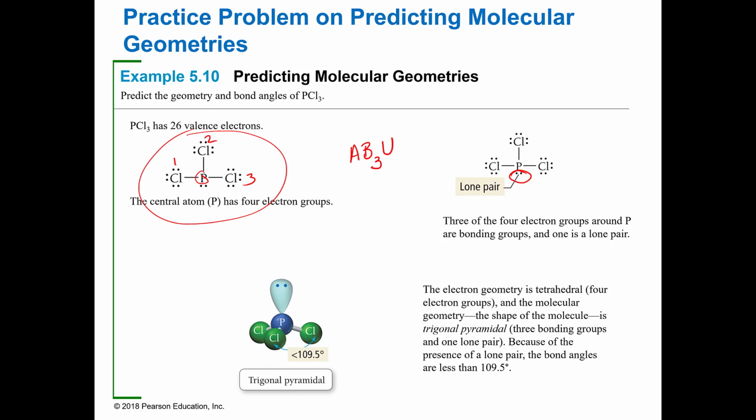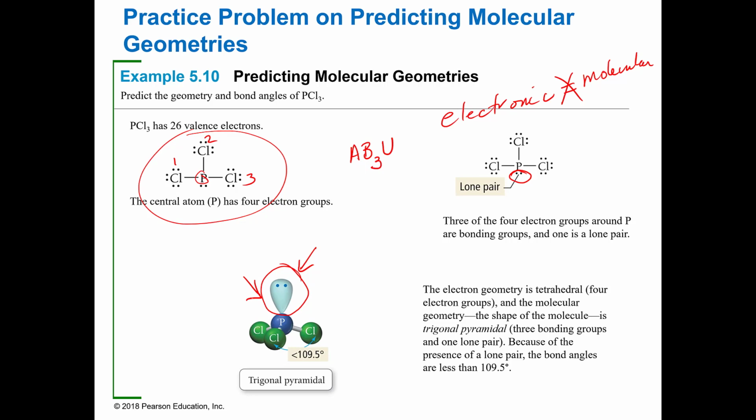So that tells me that the electronic and the molecular shapes are not going to be equal. And that's because when you have the lone pair sticking up there, it pushes and repels the rest of the electrons that are bonded and changes the actual bond angles.